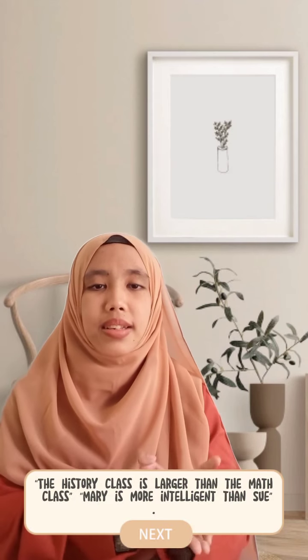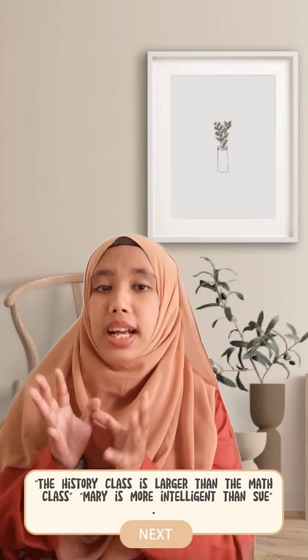The comparative is used to compare two equal things. For example, the history class is larger than the math class. Mary is more intelligent than Sue. That is, in the first example, the history class is being compared with the math class. In the second example, Mary is being compared with Sue.